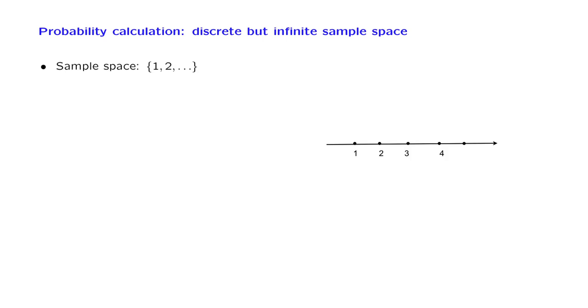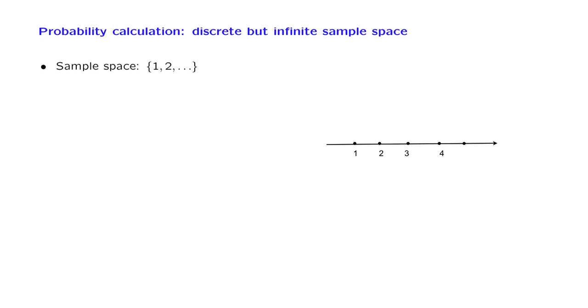As an example of such an experiment, suppose that we keep tossing a coin and the outcome is the number of tosses until we observe heads for the first time. The first heads might appear in the first toss, or the second, or the third, and so on. So in this example, any positive integer is possible, and so our sample space is infinite.